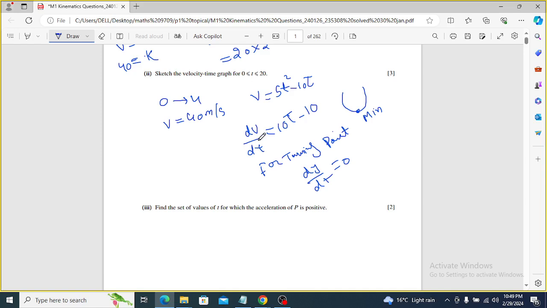If this derivative is 0, you have to make the expression 10t minus 10 equal to 0, so 10t equals 10 and t equals 10 divided by 10, giving you 1. So when t is 1, that was a tricky part of the question.